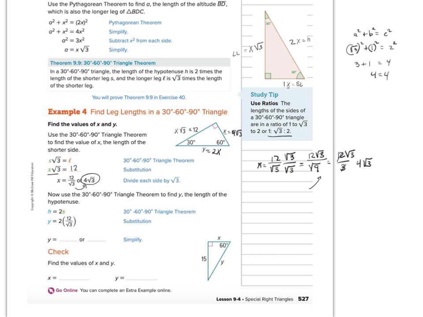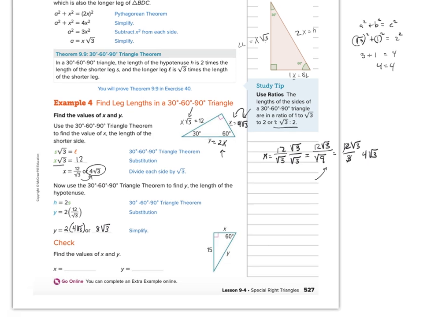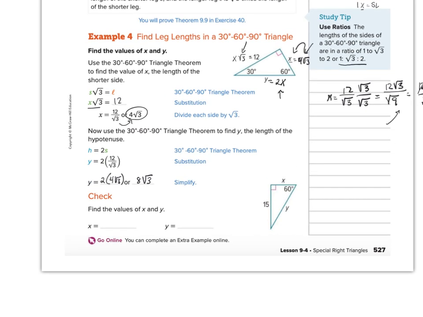So I could say that y is 2 times 4 square root of 3, or in this case, 8 square root of 3. And then that would allow me to solve that information. So understanding what the ratios mean, what are the ratios? So take a minute, look at this next problem, and then from there we'll go ahead and check your answers.